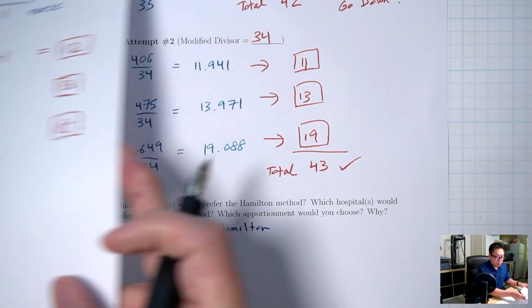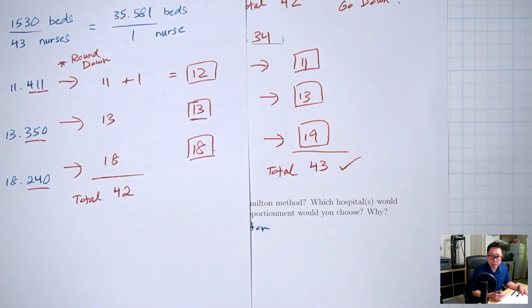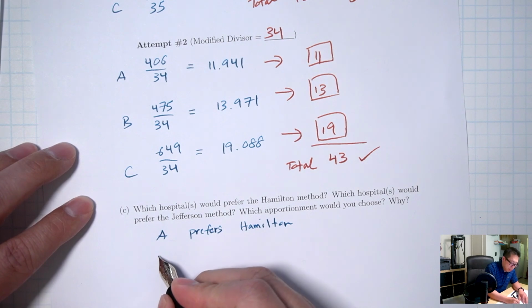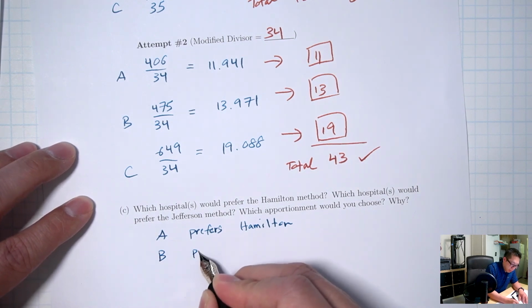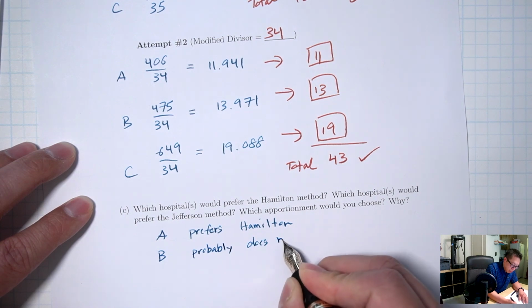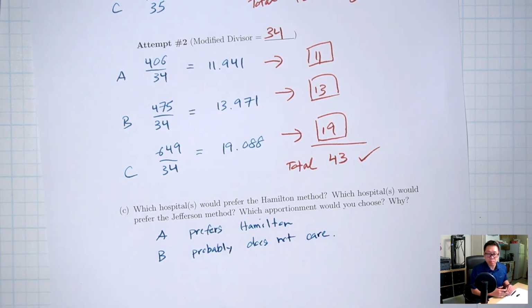What about B? So B got 13 with Hamilton and 13 with Jefferson. B probably doesn't care. Because they're getting the same with both methods.